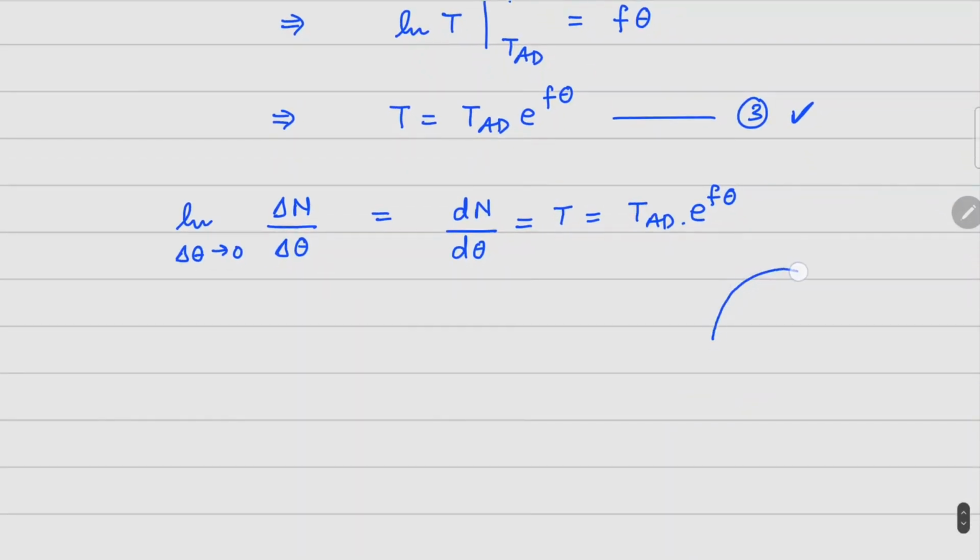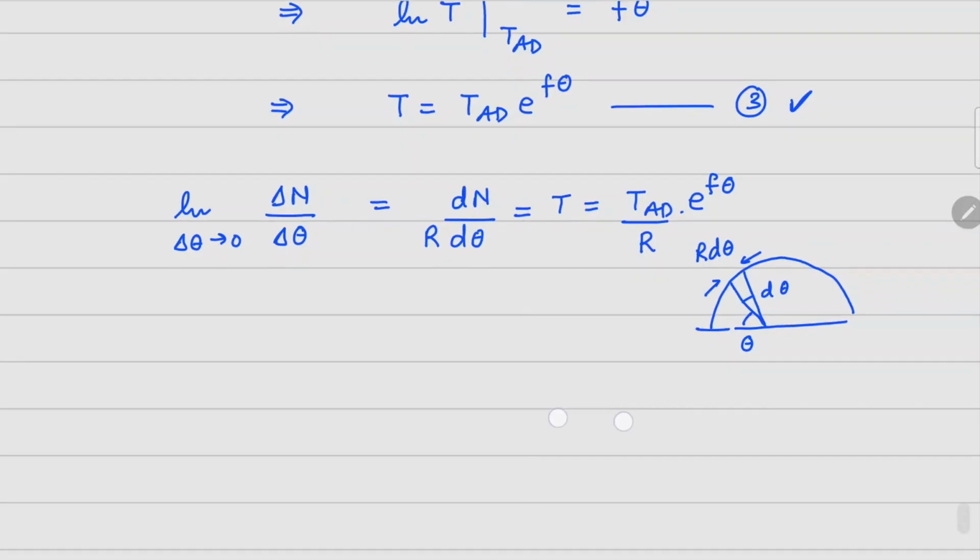Now on that band here, if the radius is r, this arc length here is going to be r d theta for a small d theta element there, if this angle is theta from there. So I can divide this relationship on both sides by r.